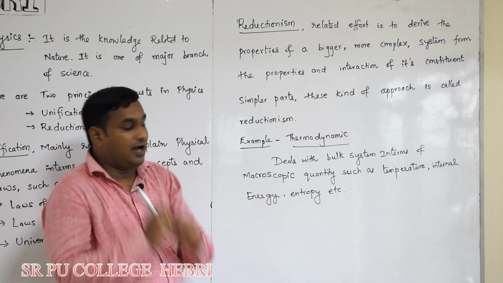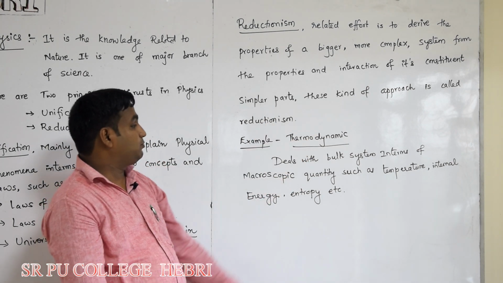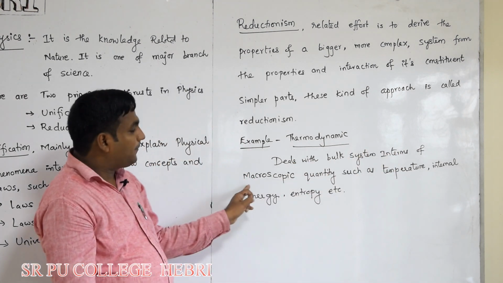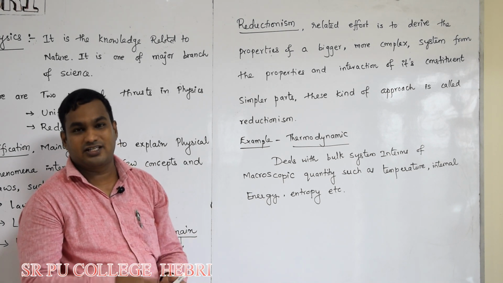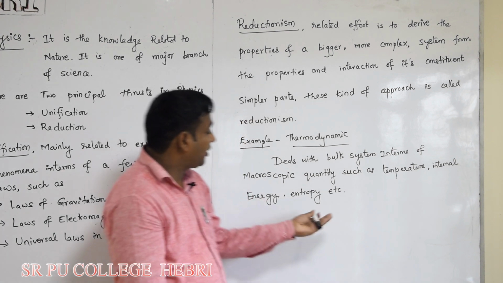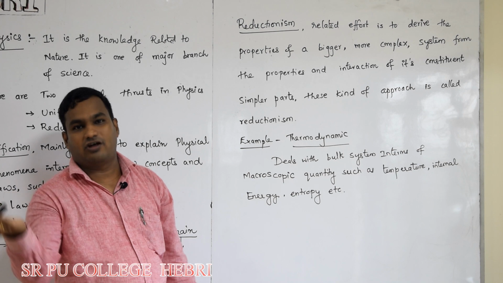An example of reductionism is thermodynamics. Thermodynamics mainly deals with a bulk system in terms of macroscopic quantities. Here macroscopic quantities are temperature, internal energy, or entropy. Here entropy is nothing but the degree of disorderness.